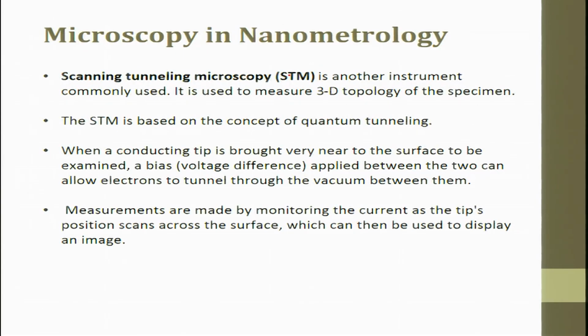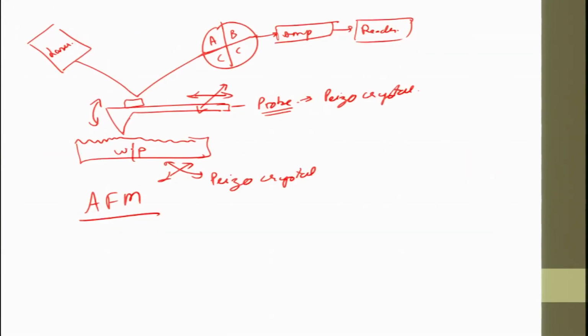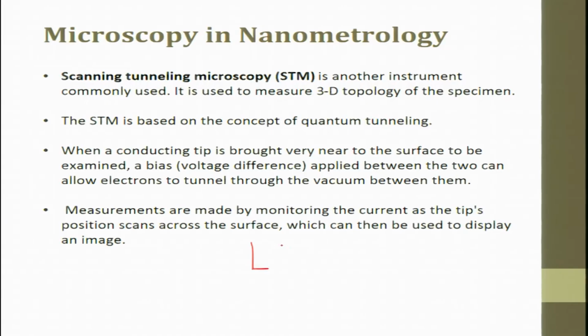The other one is the scanning tunneling microscope. This is generally used for a conducting workpiece. We have a tip and then a workpiece, and between these two we attach a power supply.